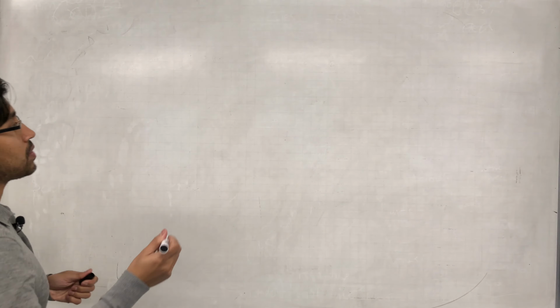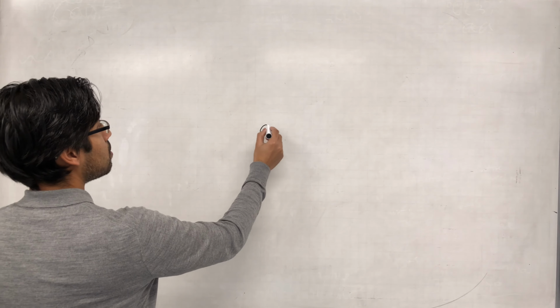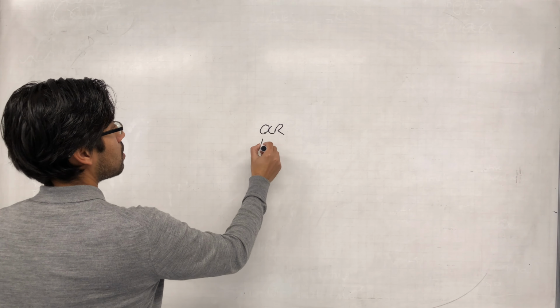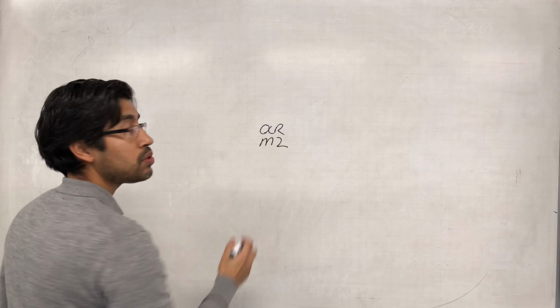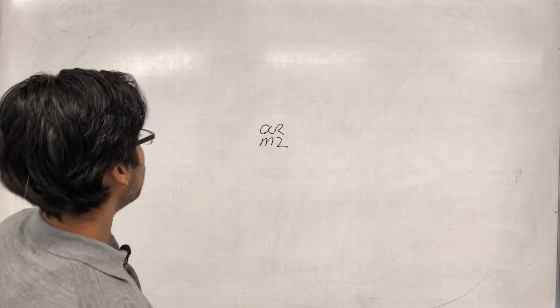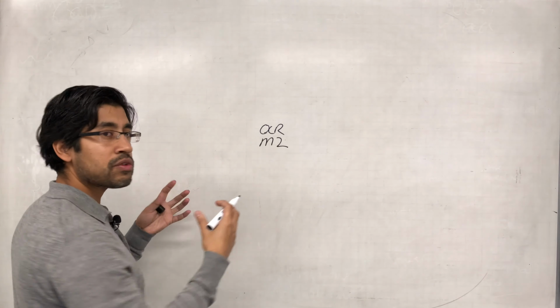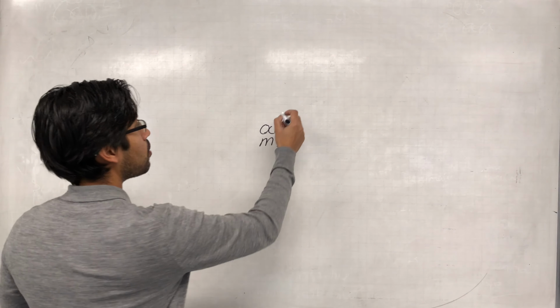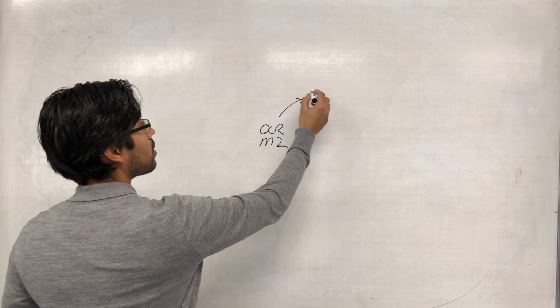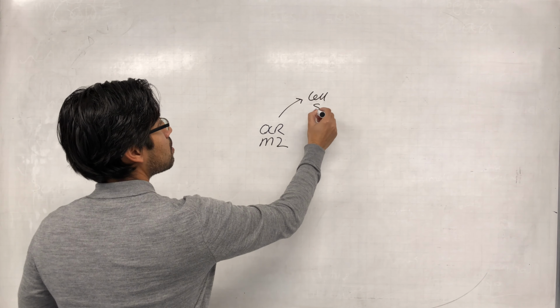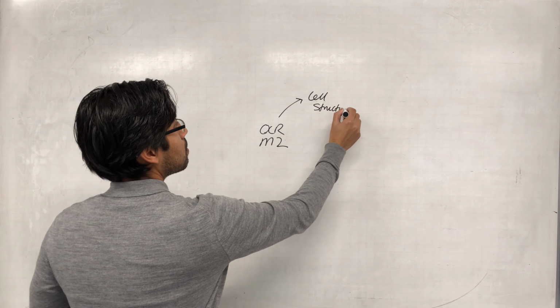So let's begin. We're talking OCR Module 2, okay? If we begin with this, what are the main sections in the OCR Module 2? The first one is cell structure.